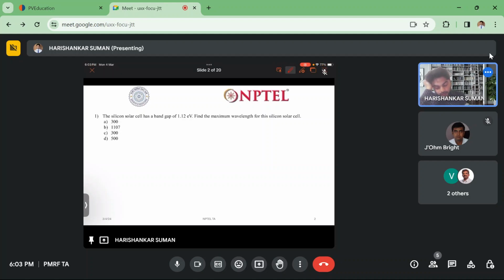So let's discuss this question. Let's say we have a material whose band gap is Eg. This is the valence band. This is the conduction band.